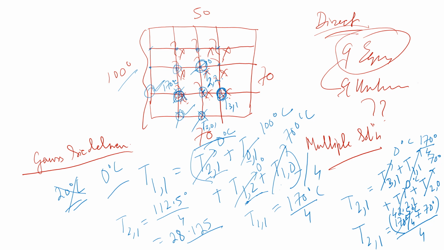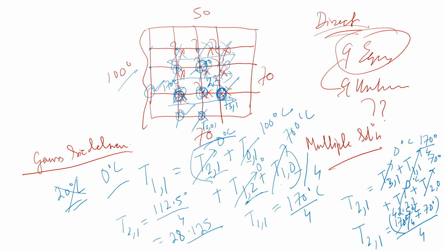Right? And in the similar manner, you can find out what is the temperature here. Then you again move to this. As I have said, the movement will be like this, like this, like this. So you will find the value of this, then this.